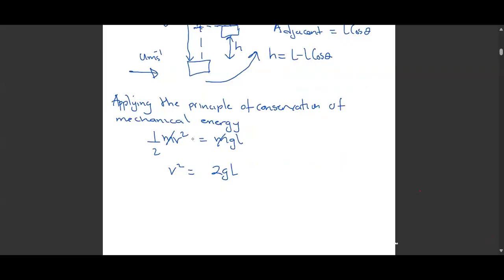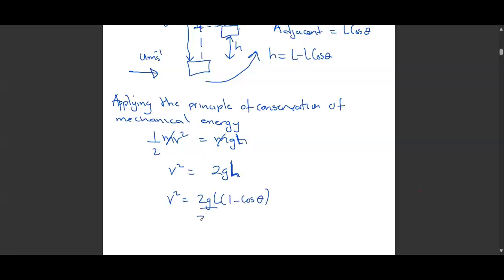Remember that this was supposed to be h, not l. But our h is given by L minus L cos theta. So you have v squared equals 2gL into 1 minus cos theta.